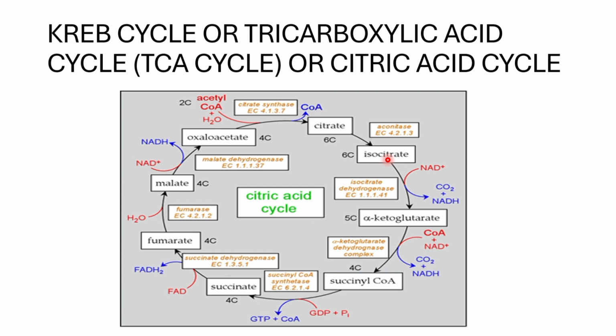What happens here is that NAD+, which is the oxidized form of NADH, will oxidize the isocitrate to alpha-ketoglutarate. It's a bit of decarboxylation: a carboxyl group is removed from the isocitrate to form carbon dioxide, and then the NAD+ is reduced to NADH.